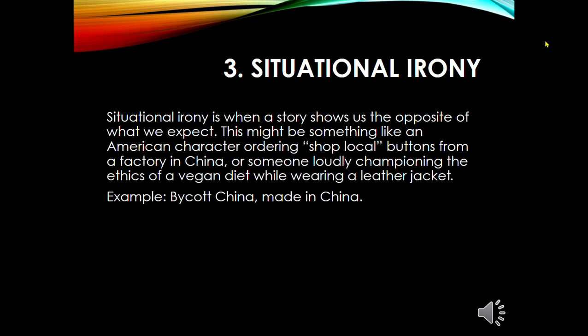So you want to show yourself to be a vegetarian, but you are using a jacket made of the leather of an animal. Another example would be boycott China, made in China. This was a famous situation where boycott China caps were made and sold in India, but actually the same caps were made in China. So it is a kind of situational irony where the situation in itself is different from whatever is apparent.